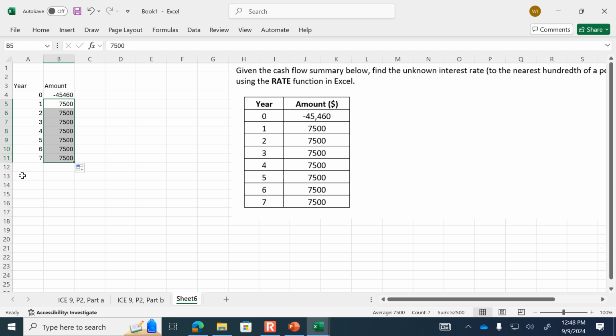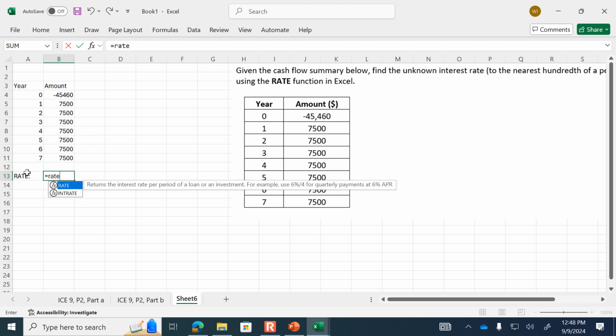All right. So the rate function equals rate, and it starts to give me hints. NPER. Okay. I can either type in the number or click on the references. So 7 is the number of periods. The payment that recurs multiple times is 7,500.